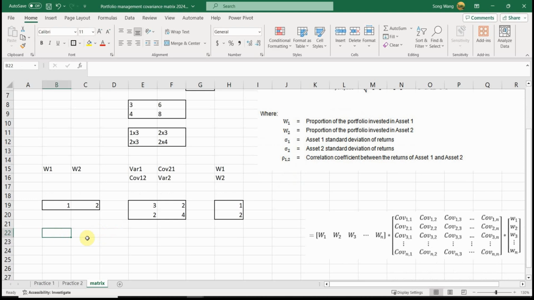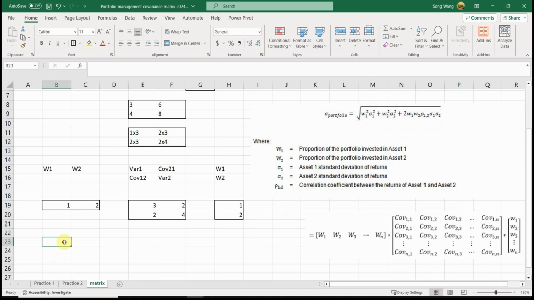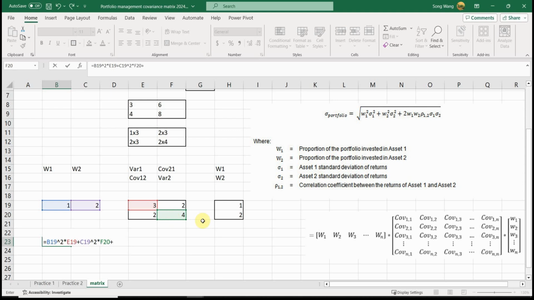Okay, so if we follow the standardized way, if you use just the formula, the variance is going to be the weight for 1 squared times sigma 1 squared, that's the variance, plus the weight 2 squared times sigma 2 squared, plus 2 times 1's weight times 2's weight.